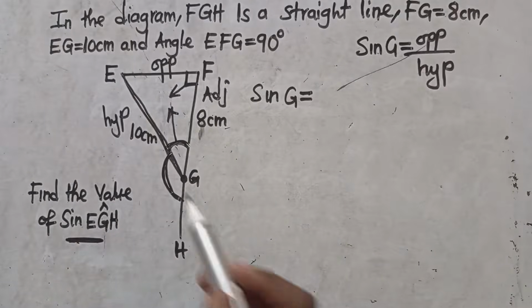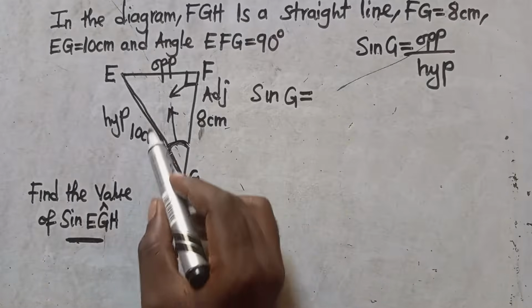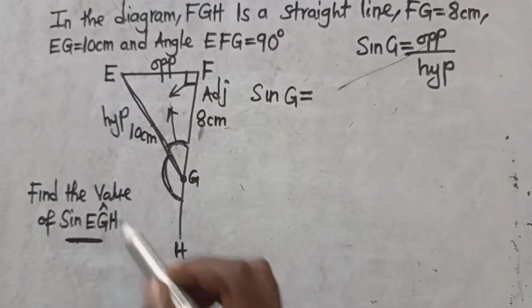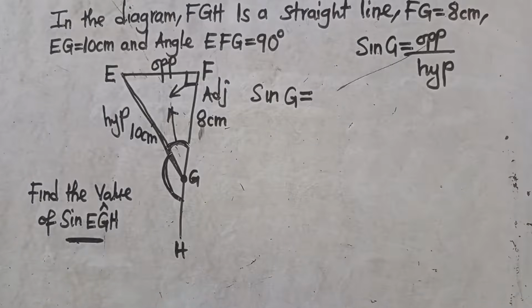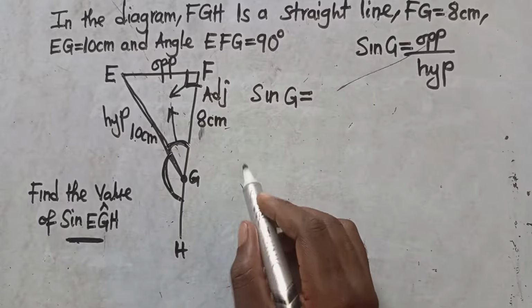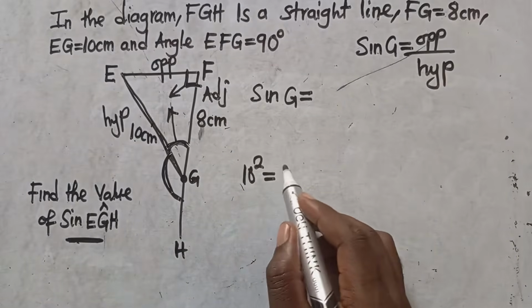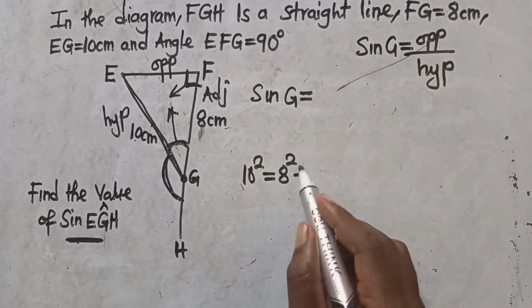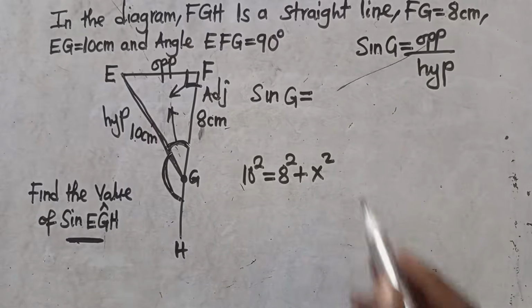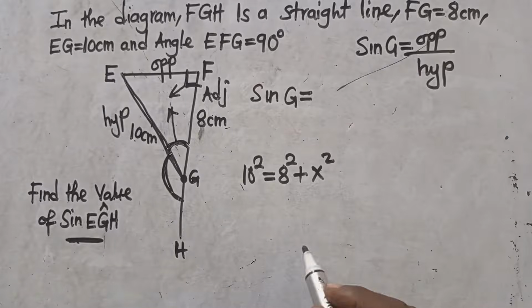So how do we find the opposite? I have told you that we always start with the hypotenuse. We are going to use the Pythagoras theorem. Hypotenuse is 10. So you say 10 squared is equal to 8 squared plus x squared. I'll just put x because I know that's the opposite that I'm finding. I solve for x.